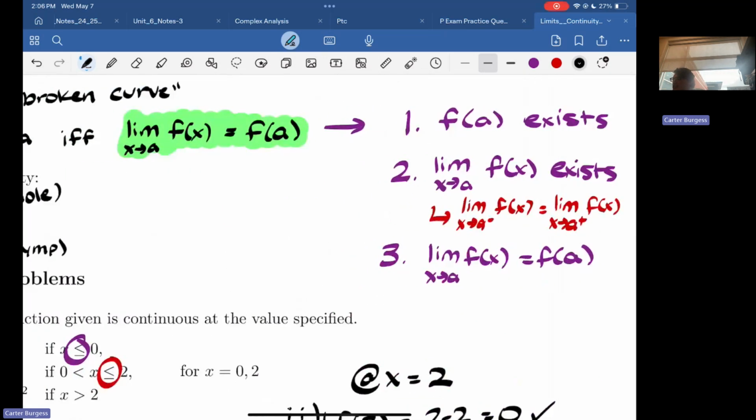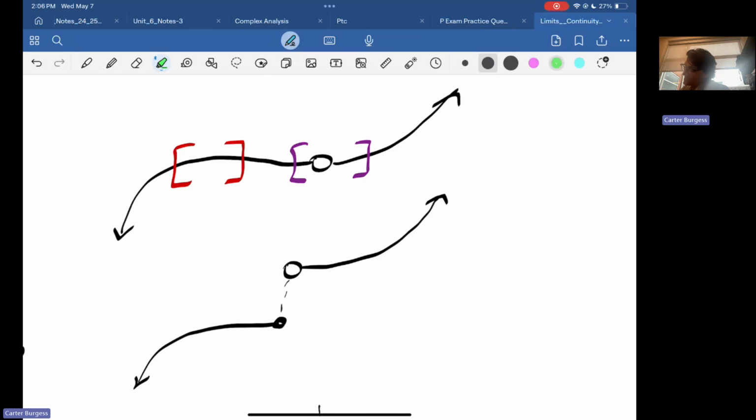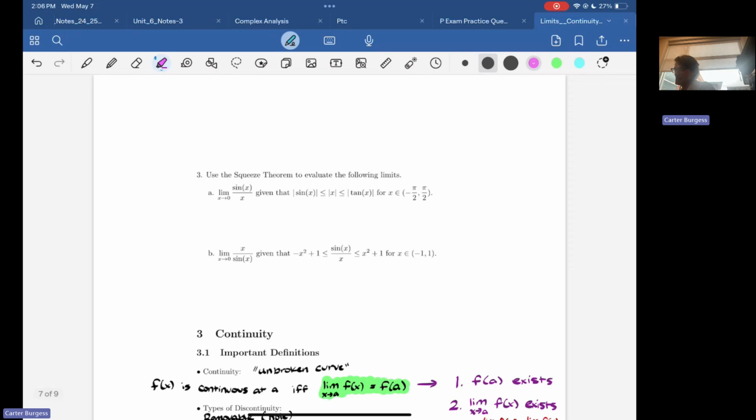Which of my three conditions does it not meet? f of a doesn't exist. But notice that the limit does exist. If I were to take the limit as we approach this point, they do agree on the same value. It's just there's a gap there. There's just a little point that's been removed, that's been excised out.